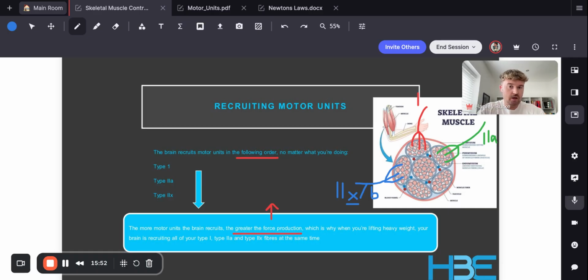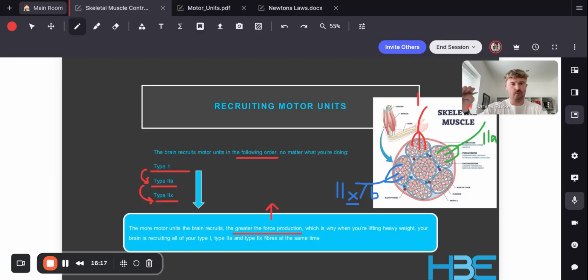So the brain will always recruit all of the type 1 motor units first. If it decides that your muscle still isn't producing enough force, it will then tap into the type 2A motor units. And then if the thing that you're lifting is so heavy and the brain thinks, I still need more force, then it will recruit your type 2X motor units.